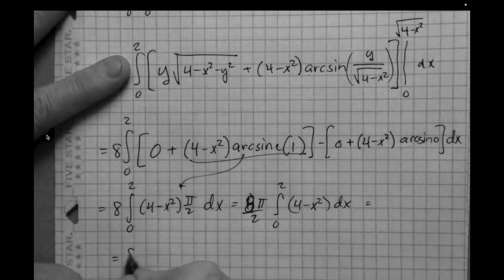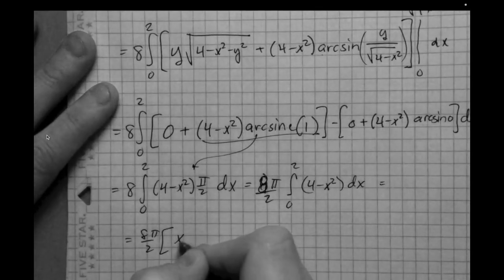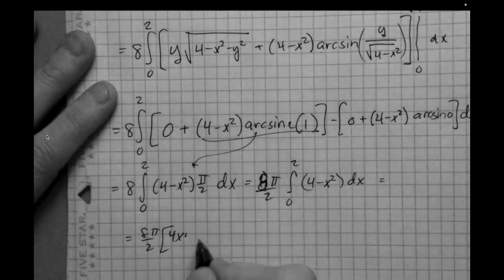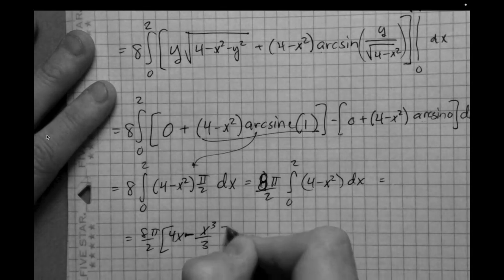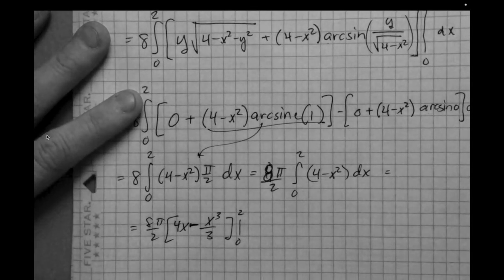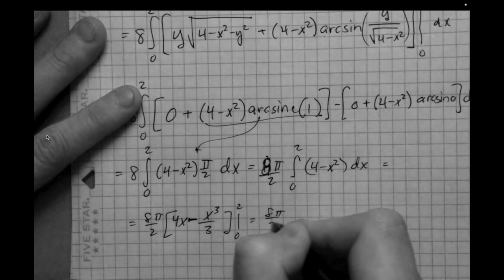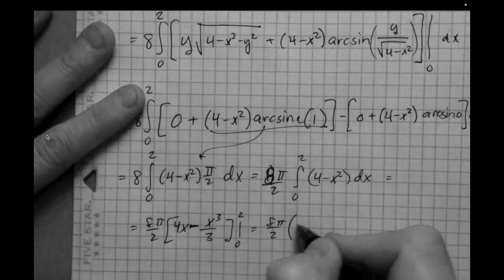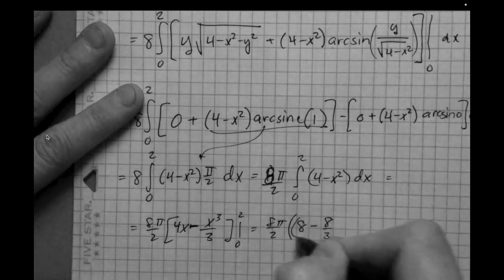Okay, and so when we integrate here, we get 4x minus x cubed over 3, and then that needs to run from 0 to 2. And so what do we get? 8 pi over 2 times, so that'll be 8 minus 8 thirds.